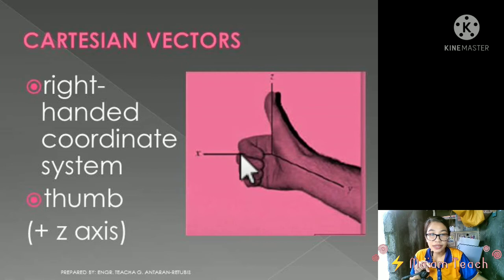As you can see here, the curl of the four fingers is from x going to the y-axis.